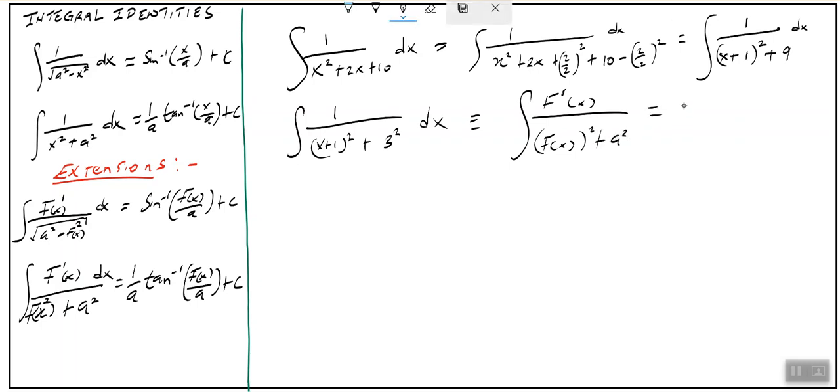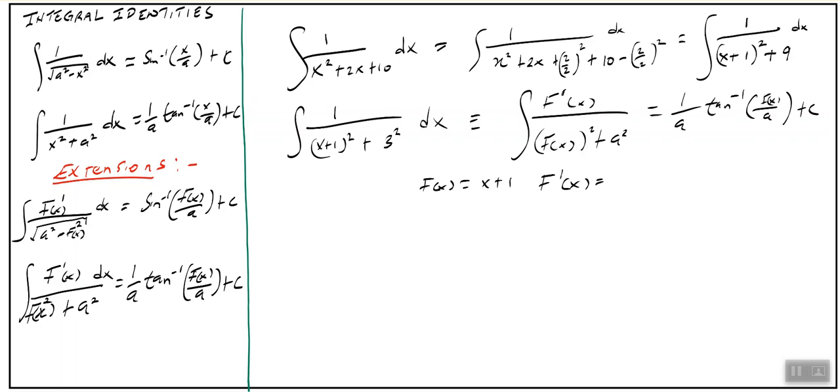The result is 1 over a tan inverse of f of x divided by a plus c. Now, f of x is x plus 1. So let's check f prime. F prime of x is 1.